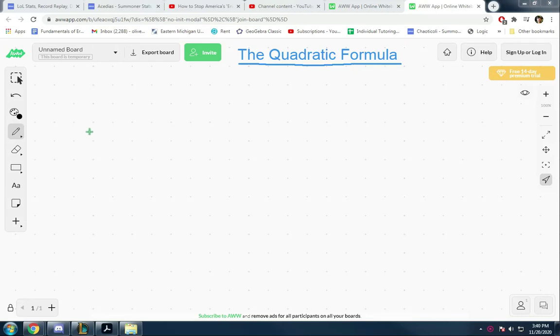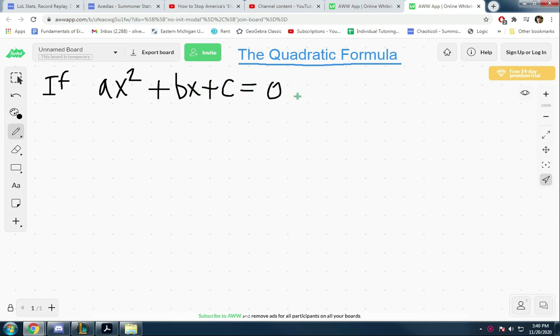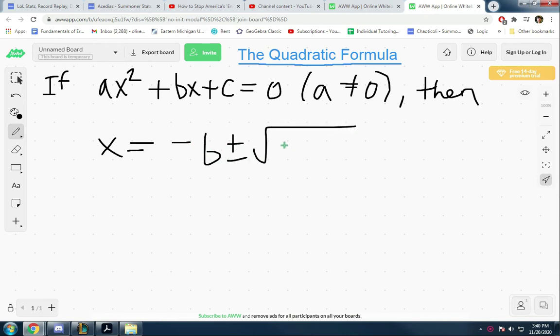In this video, we're going to introduce the quadratic formula and we're also going to prove it. So let's just state the quadratic formula. What it says is that if ax squared plus bx plus c is 0, for real numbers a, b, and c where a does not equal 0, then the solutions are given by this formula here.